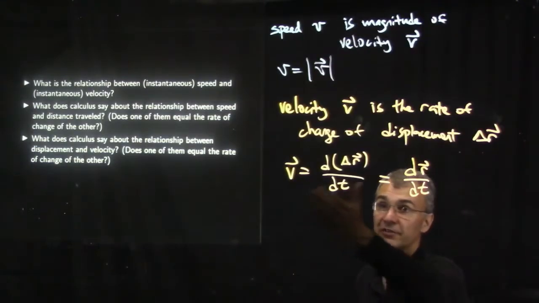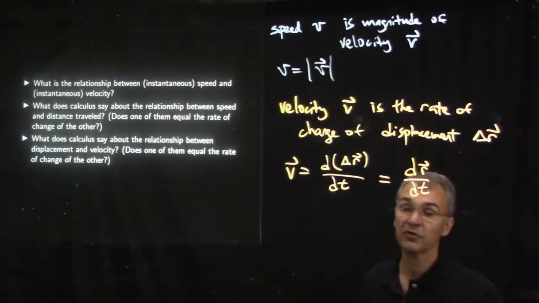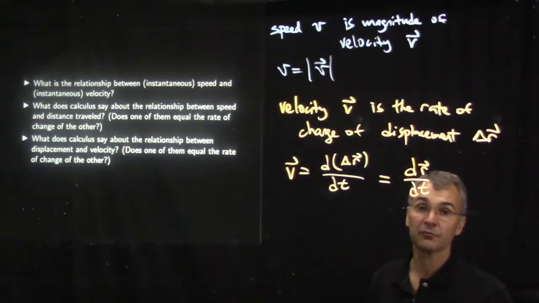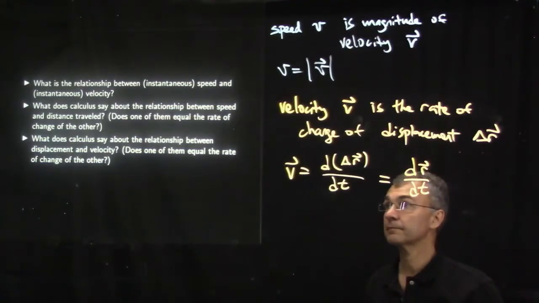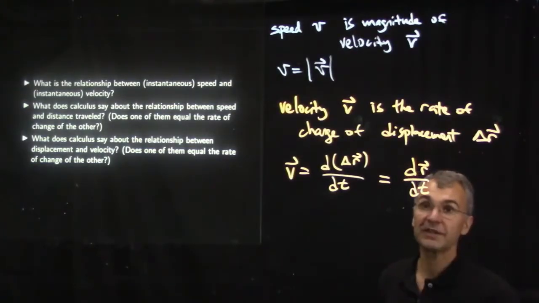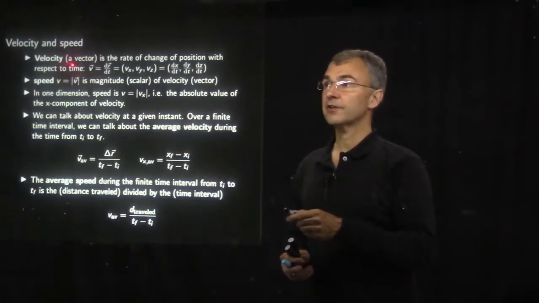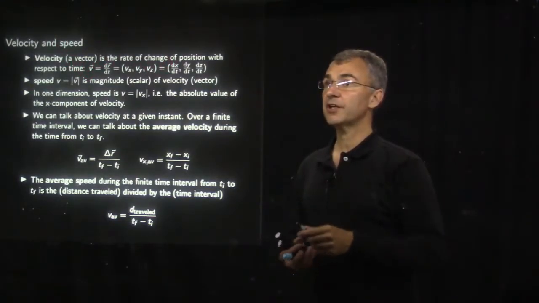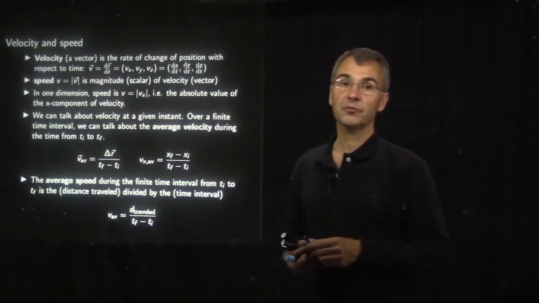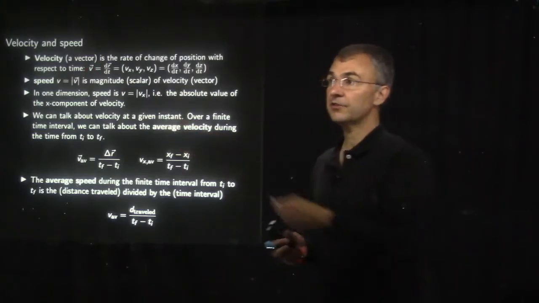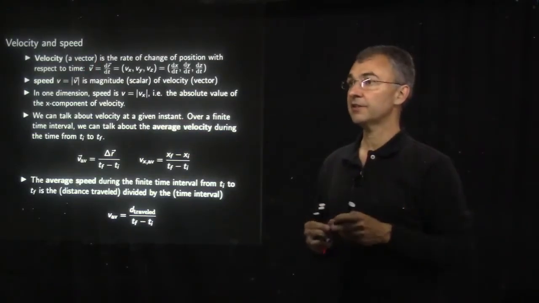So you could say velocity is the rate of change of displacement. You could also say velocity is the rate of change of position. This is easier to write. So velocity is a vector. Velocity is the rate of change of position with respect to time. So we have here v is dr by dt.